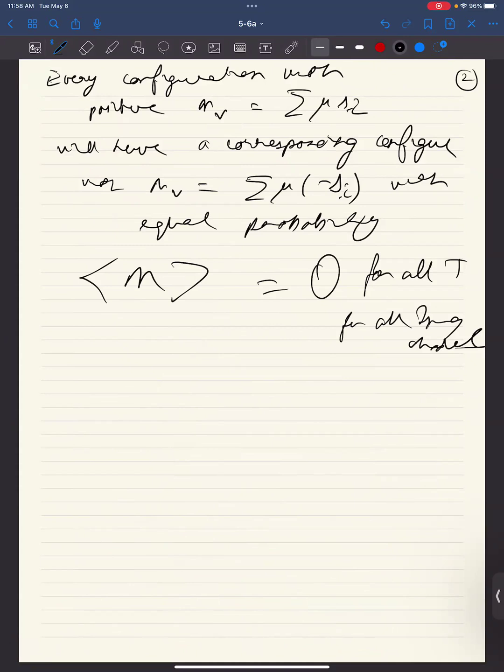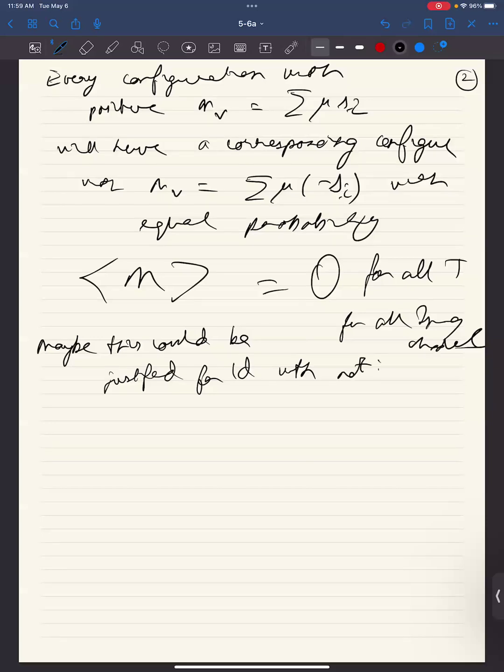We saw this is true in 1D, right? Maybe this could be justified for the 1D Ising model with not infinite range interaction.